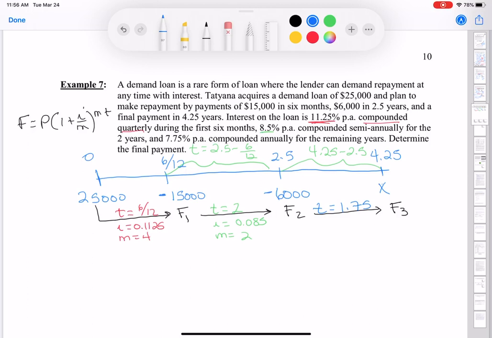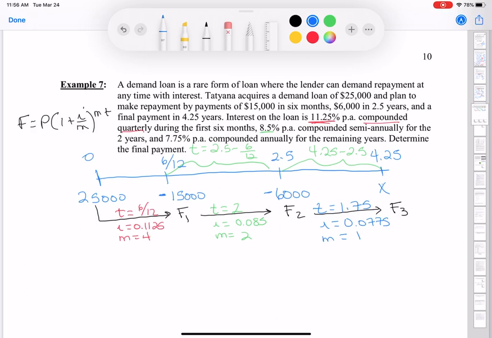And our final interest rate is 7.75%, and it's compounded annually. All right. So now we're ready to find all of our future values.